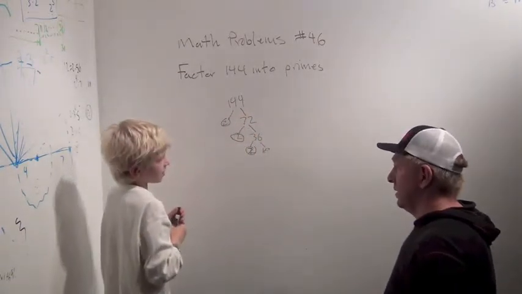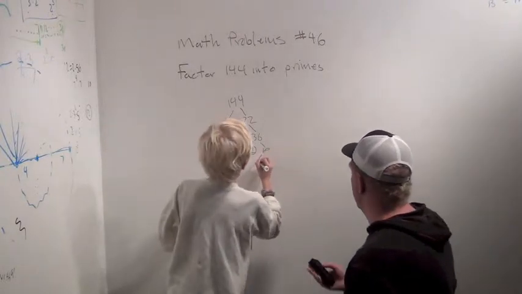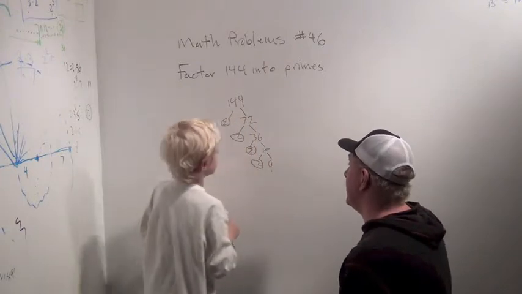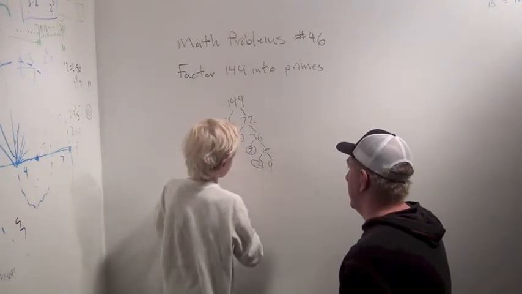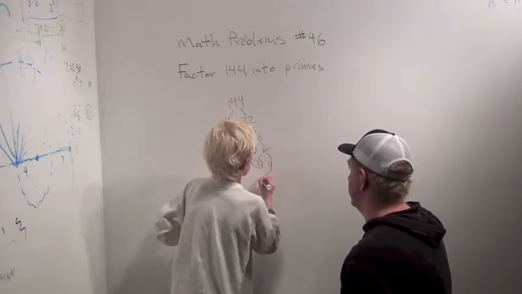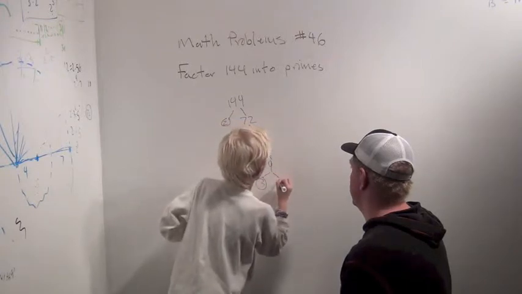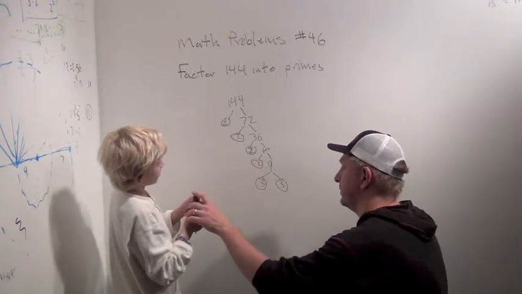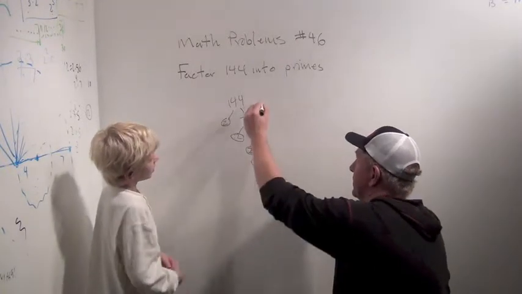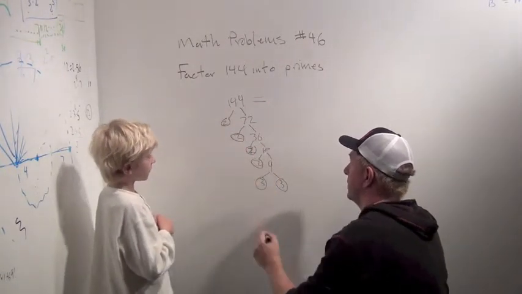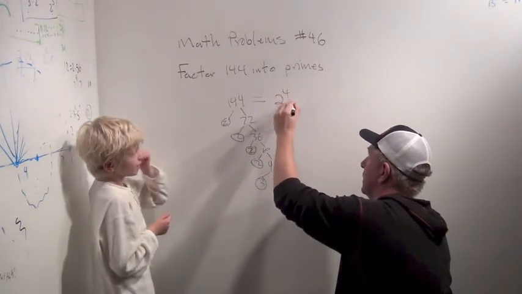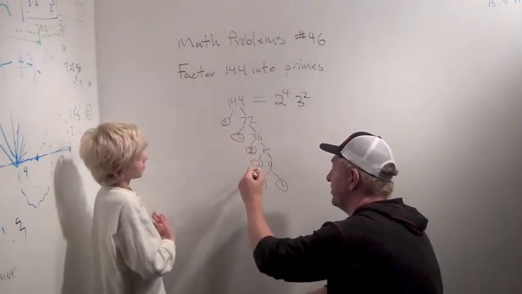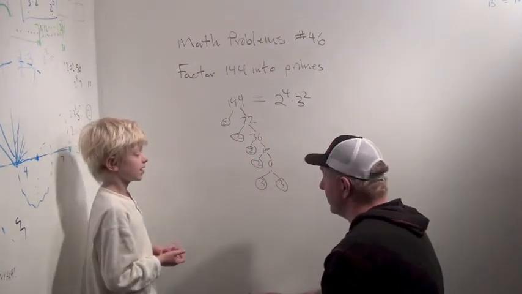And then 18 is 2 times 9, and 9 is 3 times 3. So the factorization for 144 equals 2 to the 4th times 3 squared. Awesome. 2 to the 4th, because there's 4 2's, times 3 squared, because there's 2 3's.